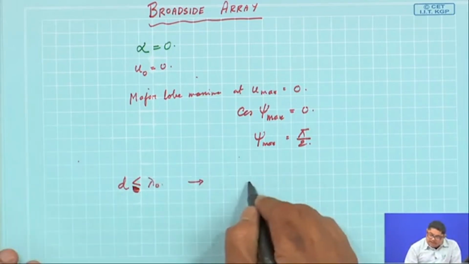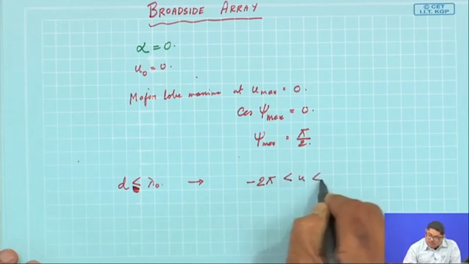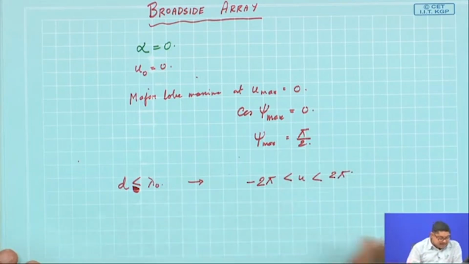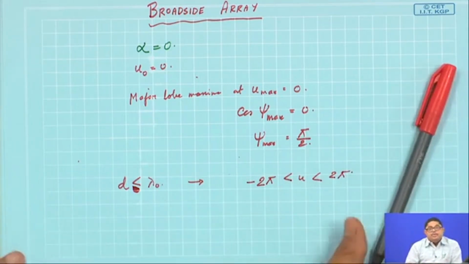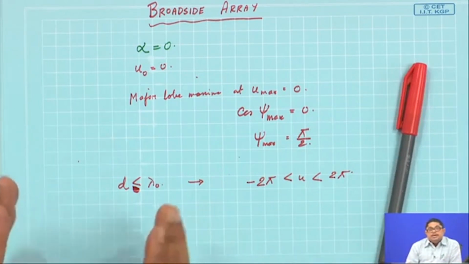So, the visible region becomes minus 2 pi less than u less than 2 pi, provided d is less than lambda naught. So, for broadside arrays, you can say that inter element spacing is about lambda naught.